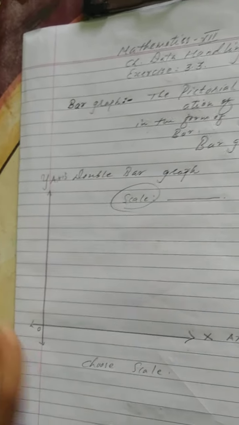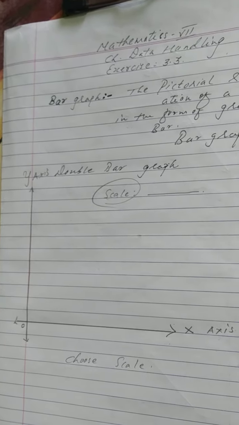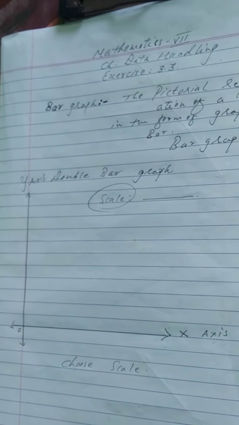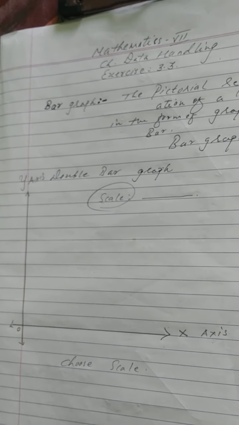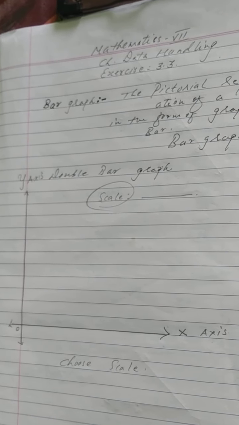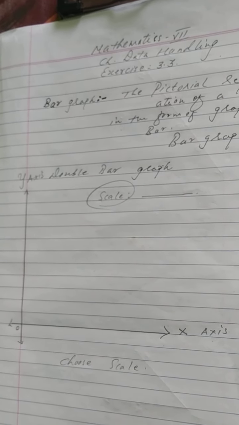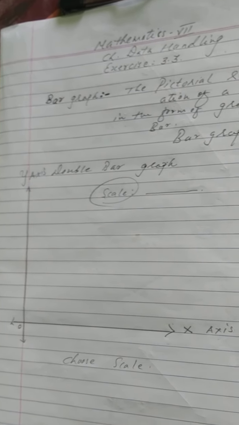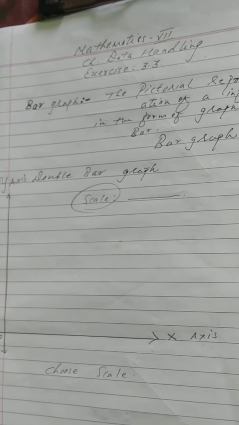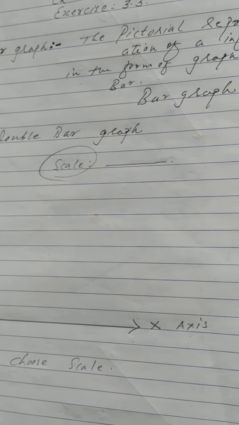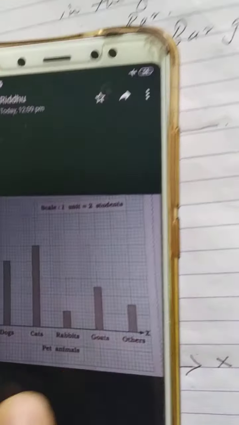See the first, use the bar graph to answer the following questions. Which is the most popular pet? See, I will show you on the graph paper. See the first graph. Look at here.